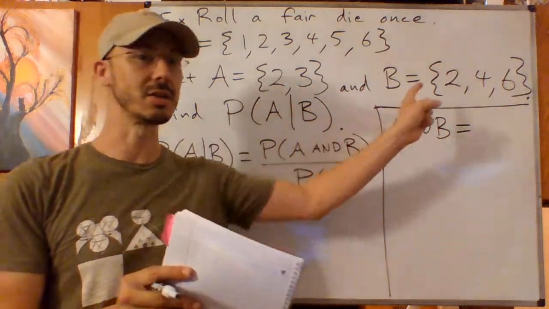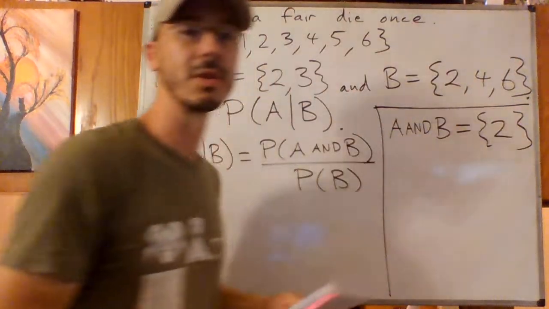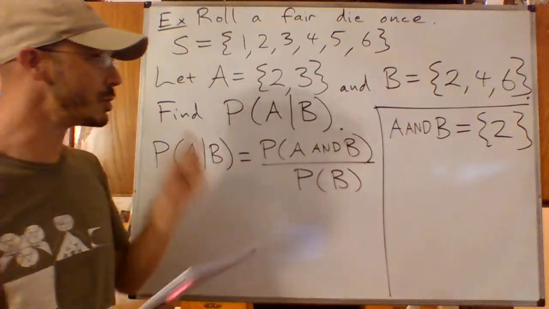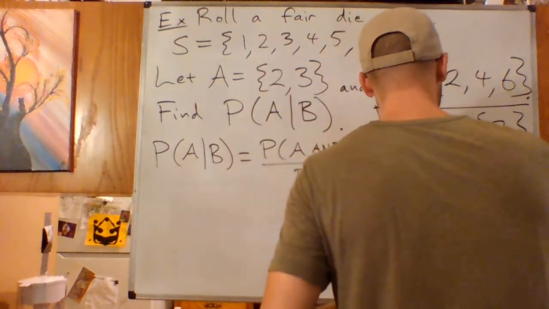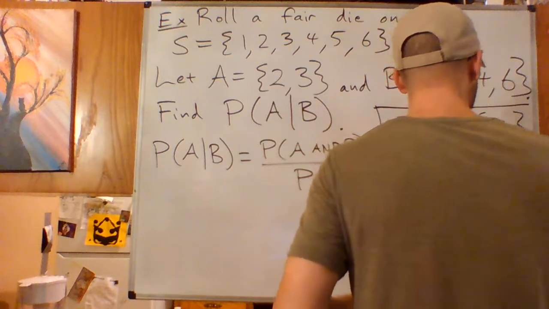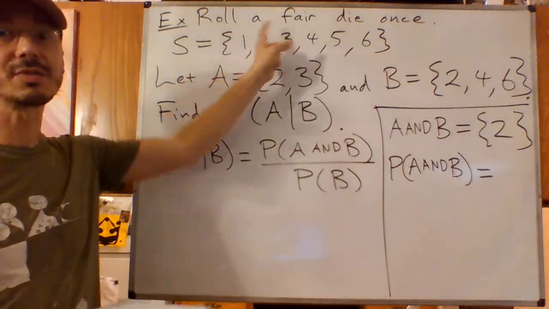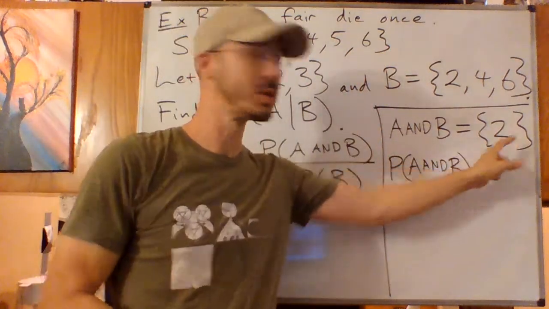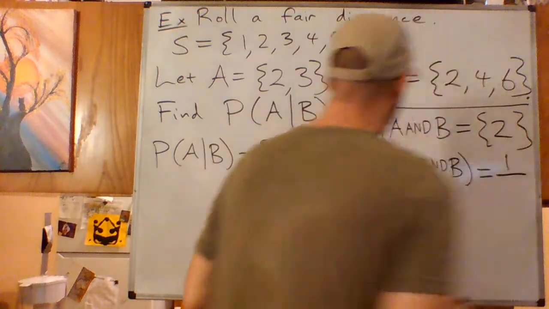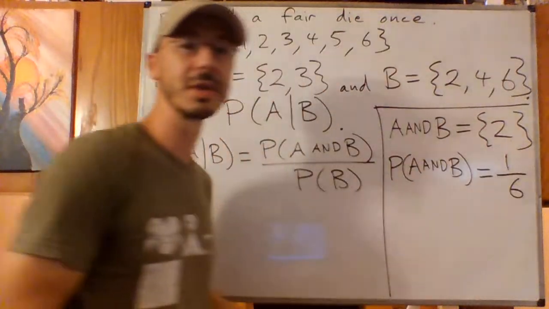The 2 is in A, the 2 is in B, and nothing else is in both of those sets. So A and B is just the outcome 2. And then the probability of A and B. Remember, this is a fair die. Each of these outcomes is equally likely. There's one outcome out of 6 possible outcomes. The probability is 1/6.